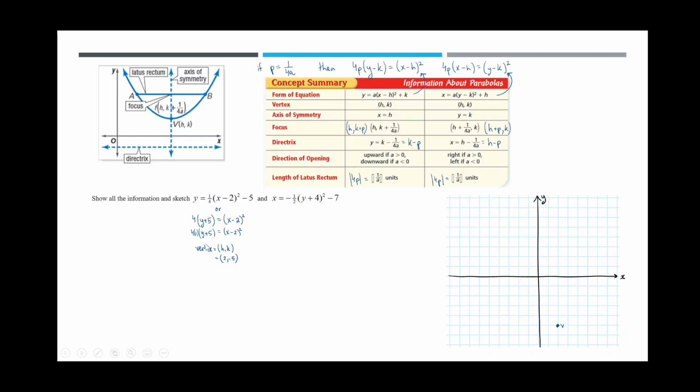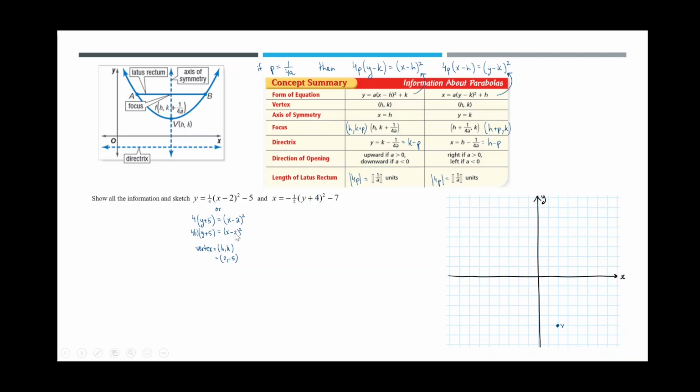Regardless of how you're thinking about it, you know that vertex is always hk. So if you're looking at this original equation, you'll say, okay, negative 2 here becomes positive 2, goes to the right. We've learned that before. And negative 5 would be your vertex y position. Or if you're looking at this version, you're thinking it always switches signs.